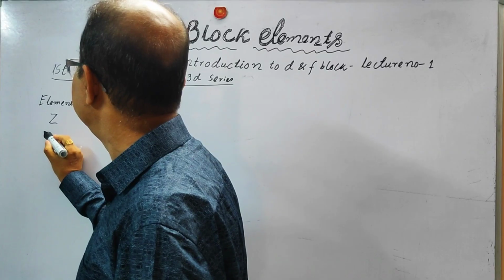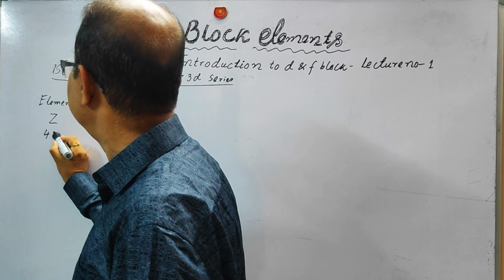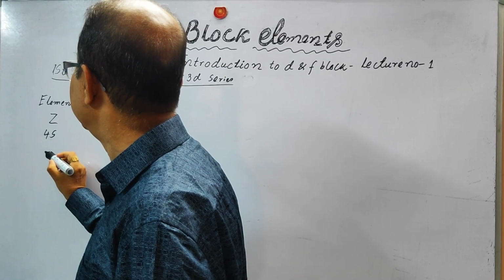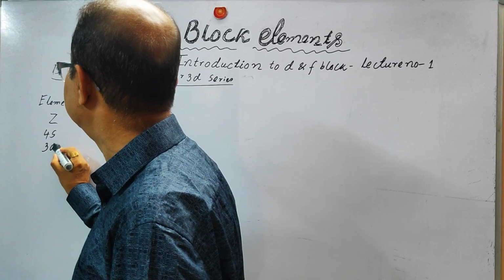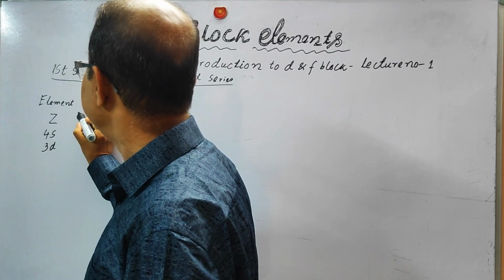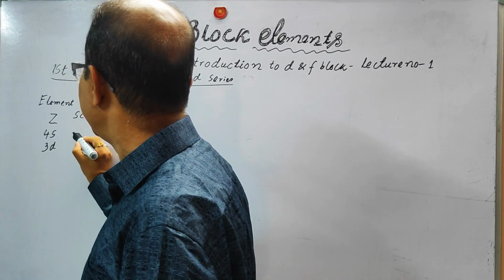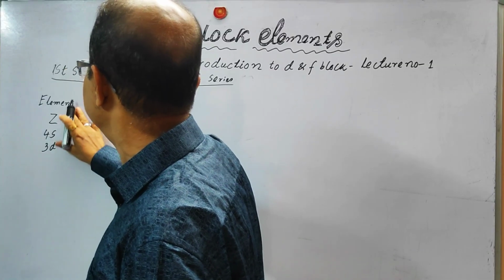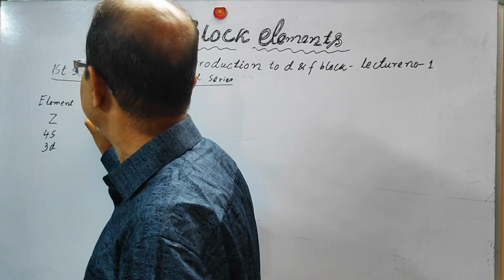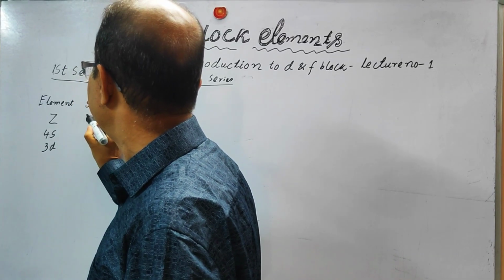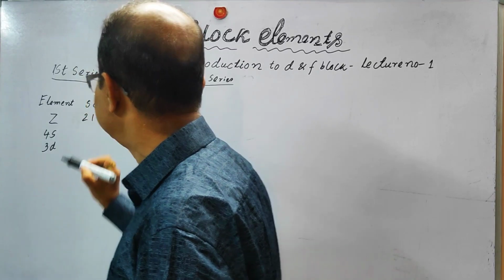In the first series, the 4s orbital is filled by the electron first, then we go to the 3d. The first element is scandium, and its atomic number is this.